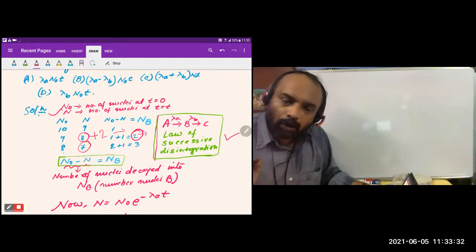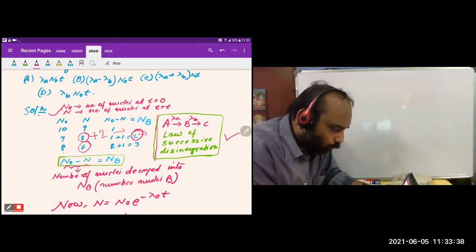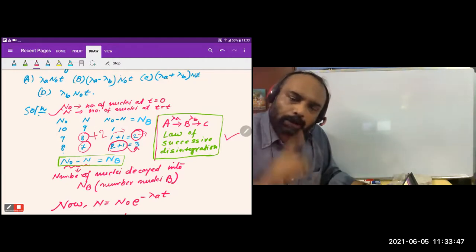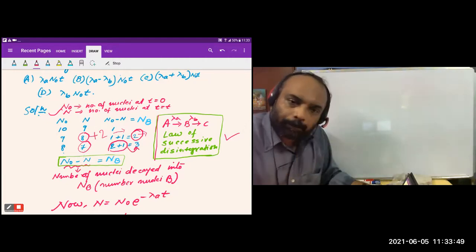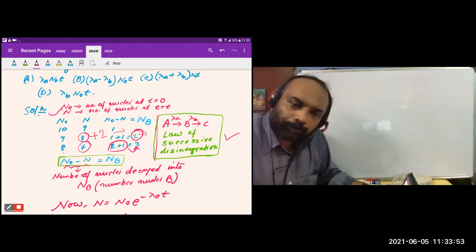So 1 particle is gone and it becomes element B. So 2 plus 1 gives me 3 nuclei of element B. And again 7 plus 3 is 10.